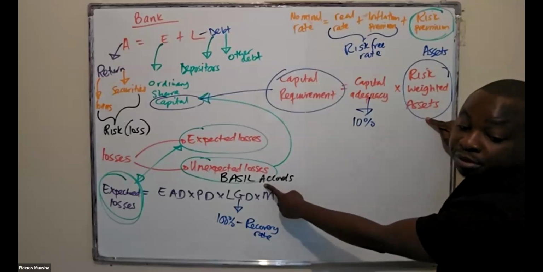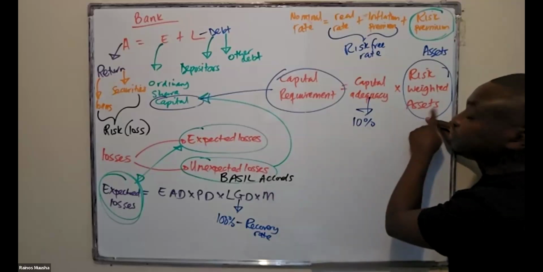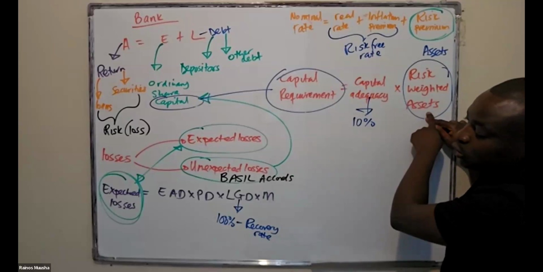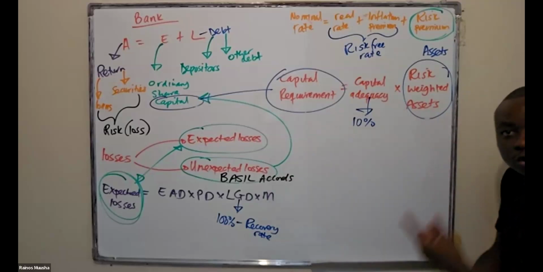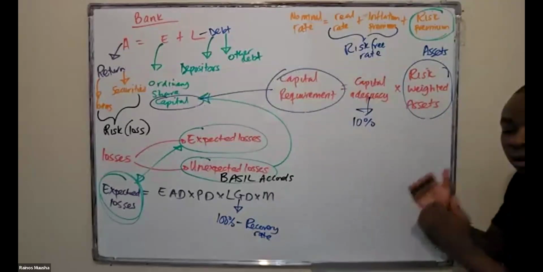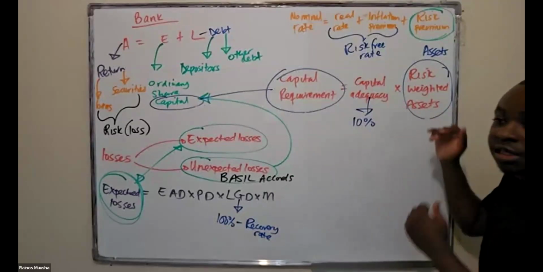It goes back to the evolution of the Basel Accords, to say how you find the value of these risk-weighted assets.